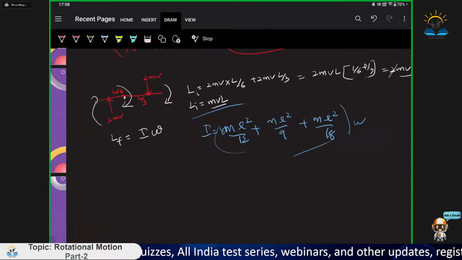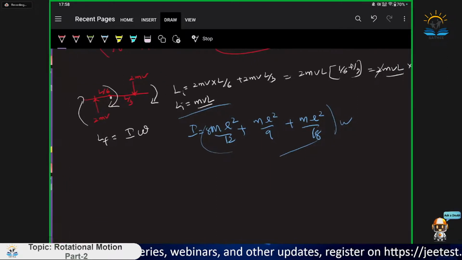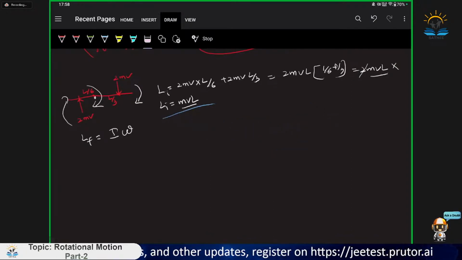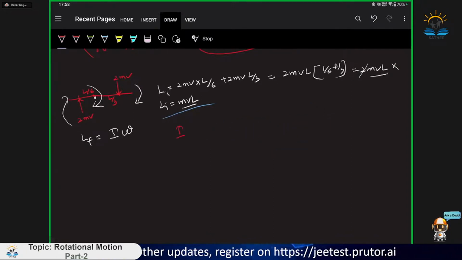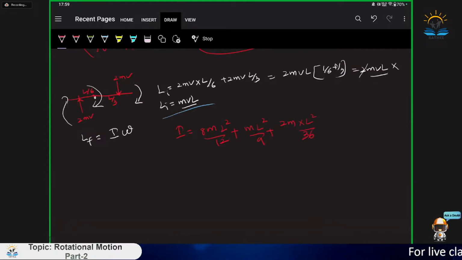Okay, here. So simply just calculation only. You can calculate how. Moment of inertia of the system will be how much? I will be 8m into L square by 12 plus m into L by 3 whole square, that is m L square by 9, plus 2m into L by 6 whole square, 2m into L square by 36.